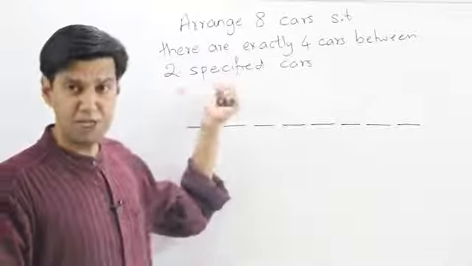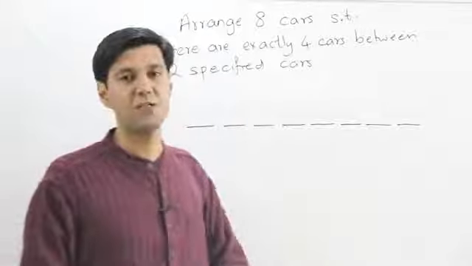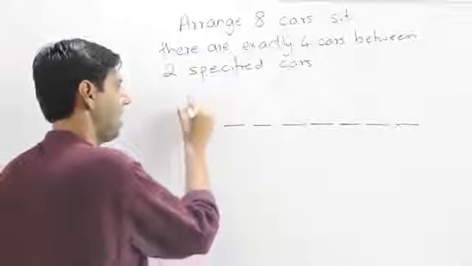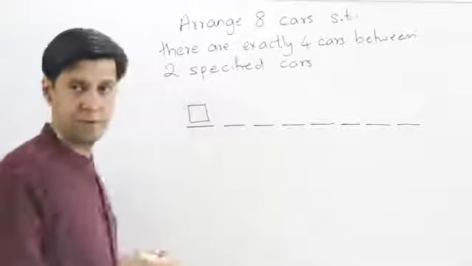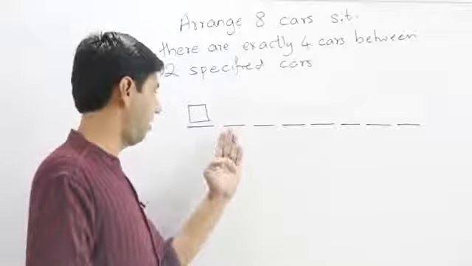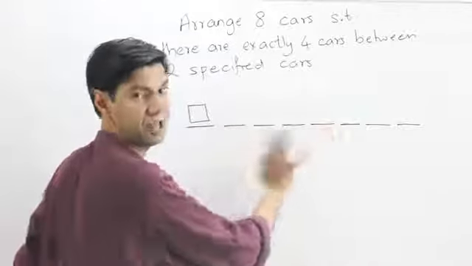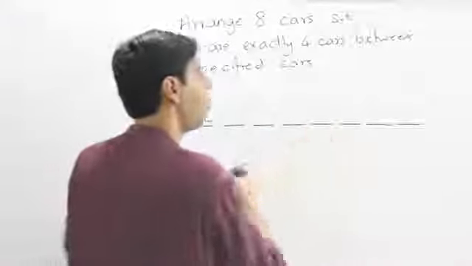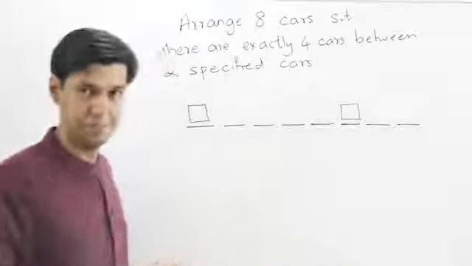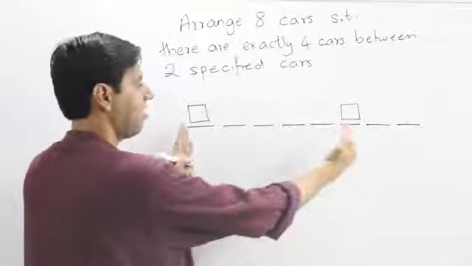There's a condition about these 2 specific cars, so let's satisfy those conditions first. If one of them is parked in the first slot, then there necessarily has to be a gap of 4 cars before the other one is parked. So 1, 2, 3, 4. The second of those 2 specified cars can come in this place. Right? And there are 4 between them.